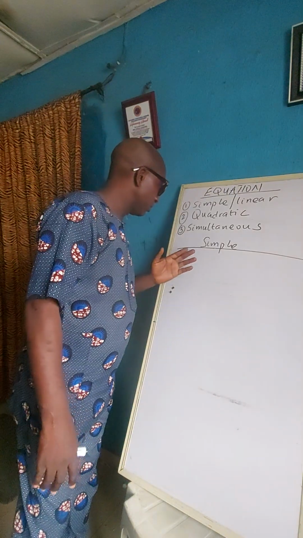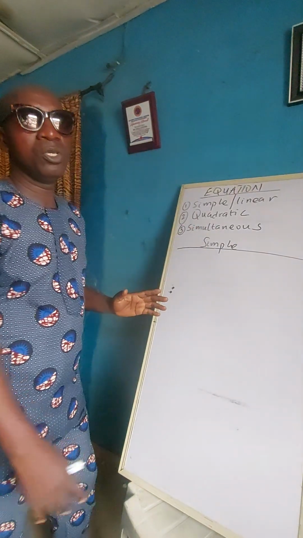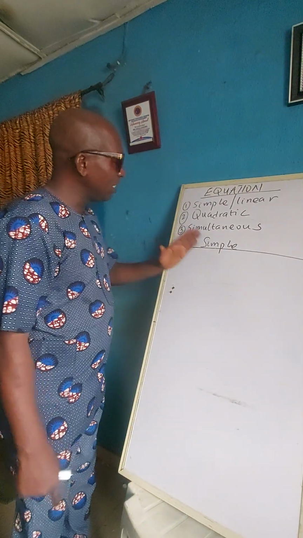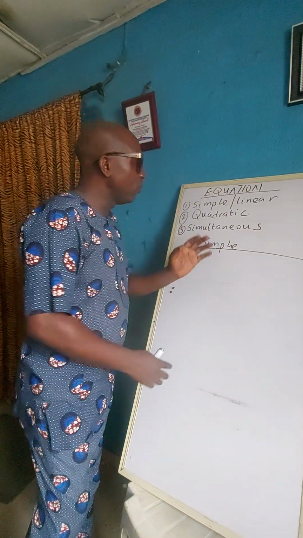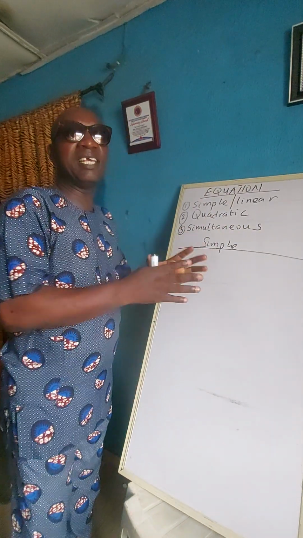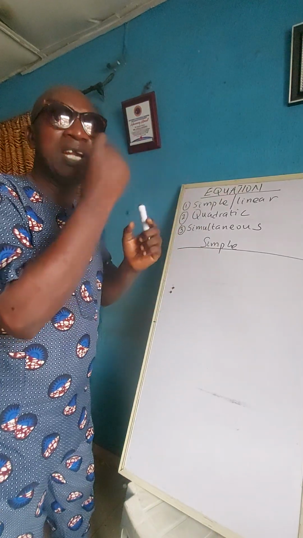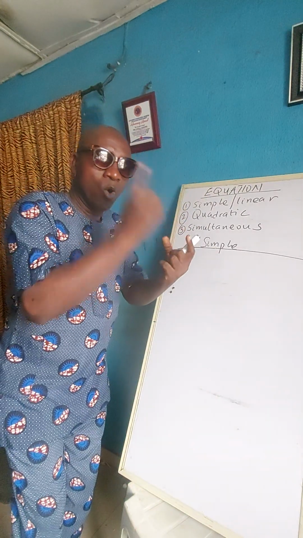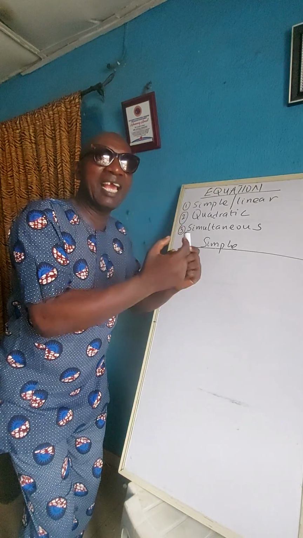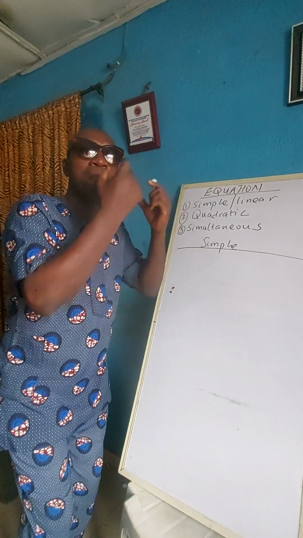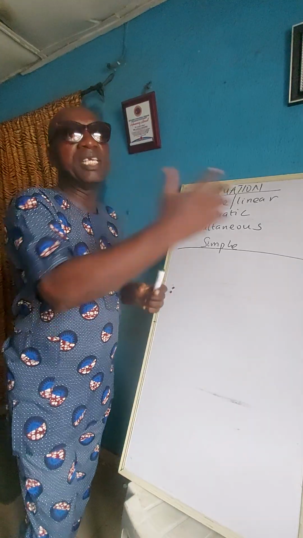1, simple linear equation. What do you mean by simple linear equation? It is a type of equation with only one letter, and the letter has power 1, with an equality sign.